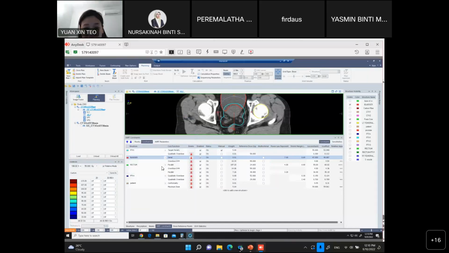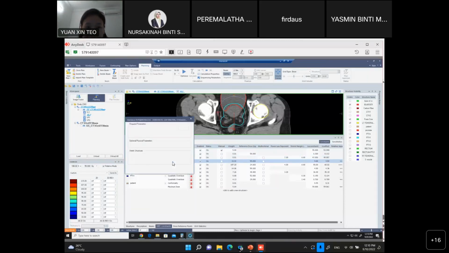Okay, then the next cost function is overdose DVH. What is overdose DVH? It means I tell the computer the maximum volume that this bladder can receive at 55 gray is only 4.8%, because for carcinoma of prostate, there is a protocol we call the CHHiP protocol.